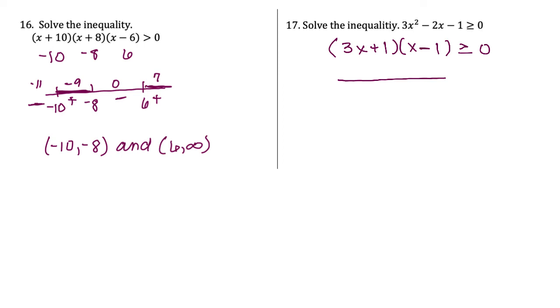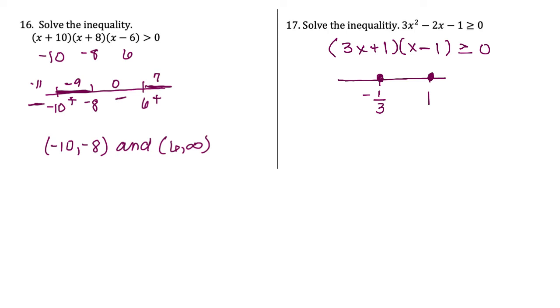And then from there, we go to the number line and look at our values that we get. We're going to get a negative 1/3 and we're going to get a positive 1. And again, we need to choose some numbers inside there and plug in to satisfy the inequality, what's going to make us greater than or equal to 0. So, or equal to 0, so we know we're going to have some closed-in values here.